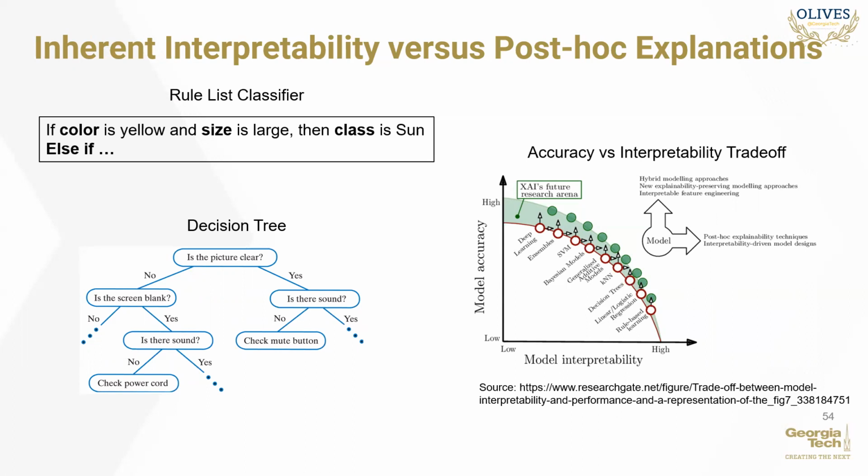But the problem with using simple interpretable models is that there is a trade-off between how interpretable the model is and the model accuracy. When you move to more complex, higher dimensional data sets, a lot of the time you would get less accuracy with an interpretable model versus a more powerful deep learning model that is less interpretable. So you have this kind of trade-off involved.